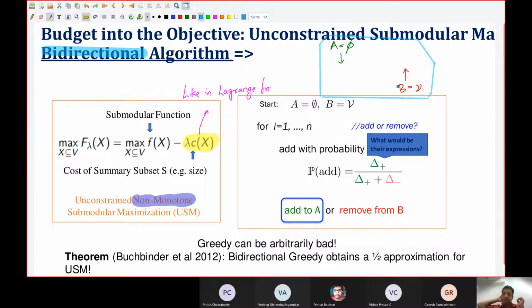But there's a small probabilistic aspect. So what would you do? Would you add to A or remove from B?